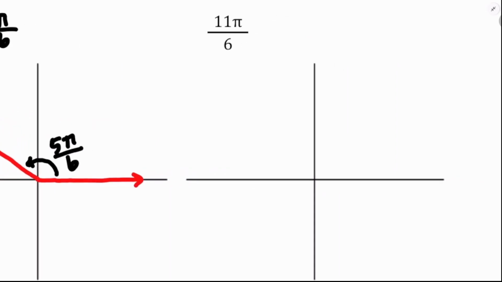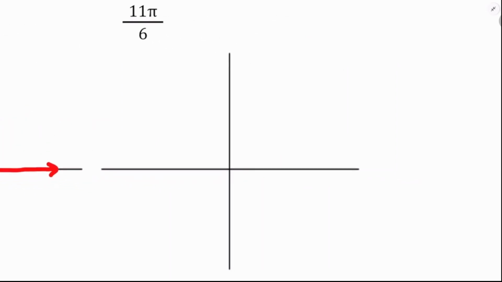11 pi over 6, that's kind of close to 2 pi, because 11 over 6 is close to 12 over 6. So I'm going to say that's equal to 2 pi, which is 12 pi over 6, minus pi over 6. So here is the initial ray. 2 pi would be all the way back to where we started, right there. But I'm going to go backwards clockwise, pi over 6, 30 degrees.